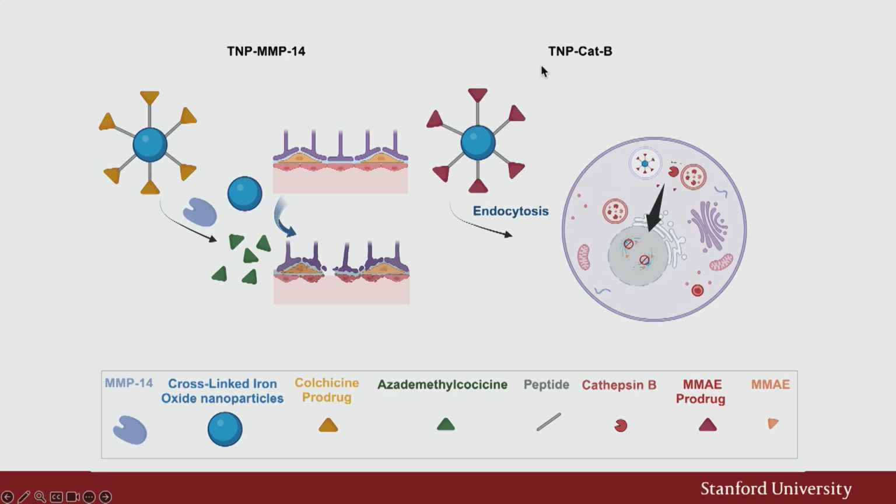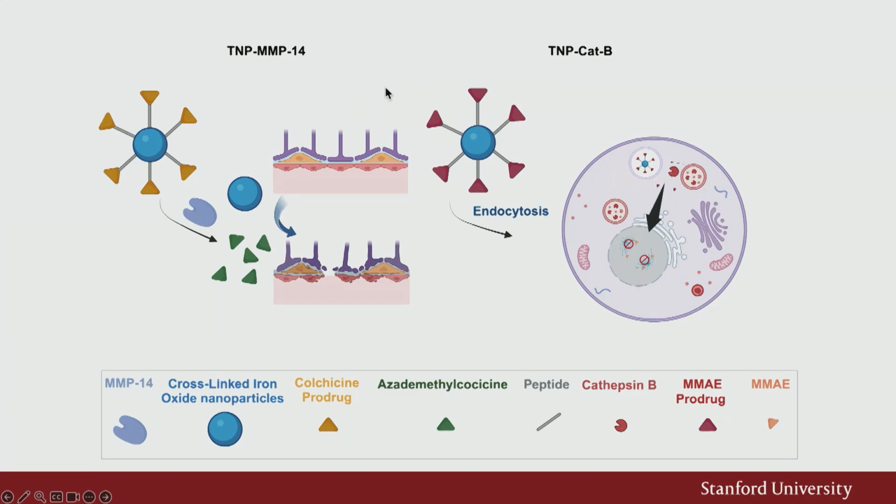The second theranostic nanoparticle is TMP-CATB, which is specifically activated by cathepsin B, another enzyme overexpressed in the tumor. Once activated by cathepsin B, it releases MMAE, a tubulin inhibitor that effectively targets the glioblastoma initiating cells.